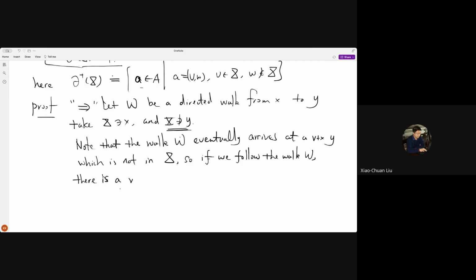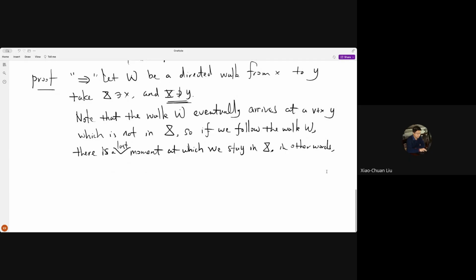How to say this? There is a moment at which we stay in the set. Let's say there is a last moment at which we stay in the set. Or in other words, if you follow W, there is a W.